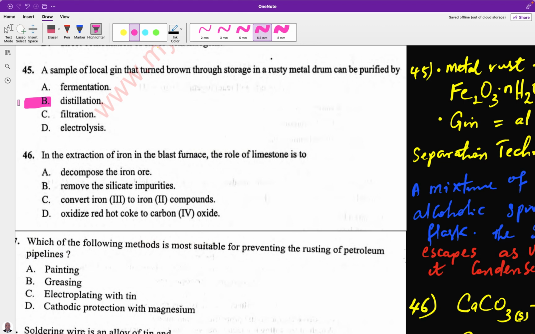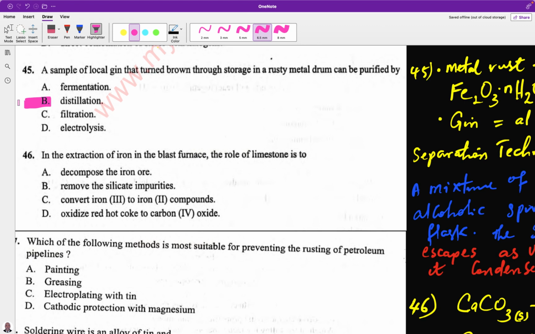So now, does the role of the limestone decompose the iron ore? It does not decompose the iron ore. B, the role of the limestone is to remove the silicate impurities. Excellent. The calcium oxide that is produced when the limestone decomposes now reacts with the silicon dioxide and forms what we call calcium silicate.